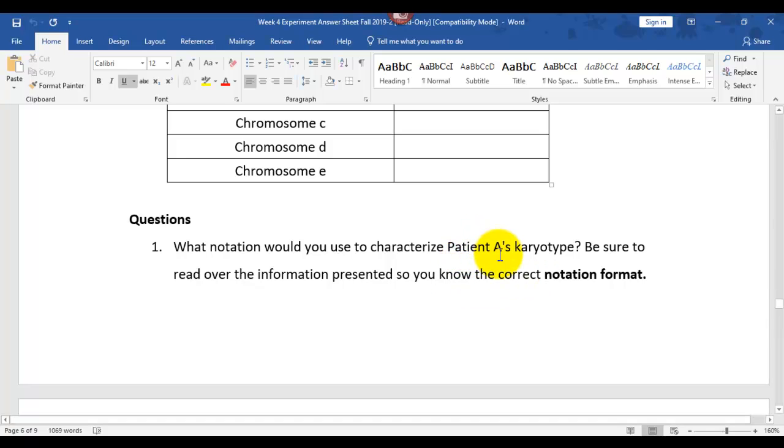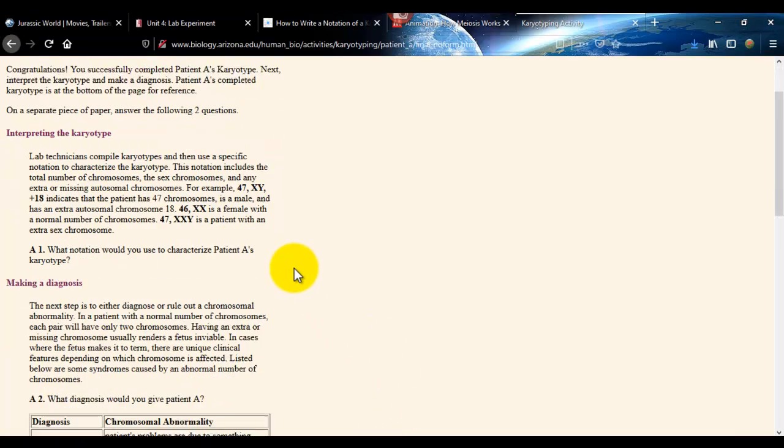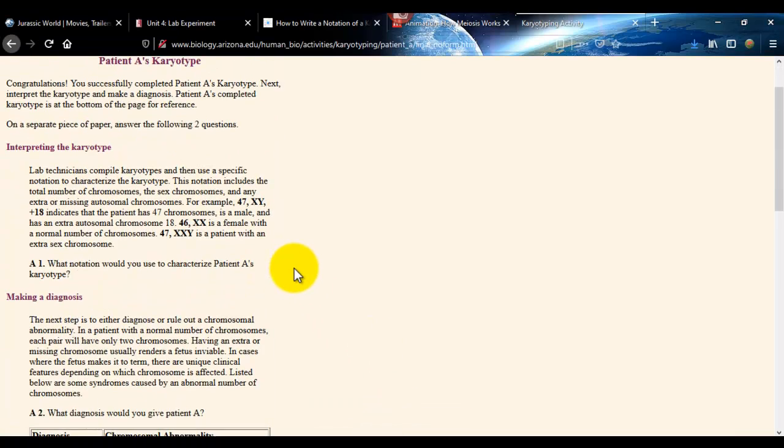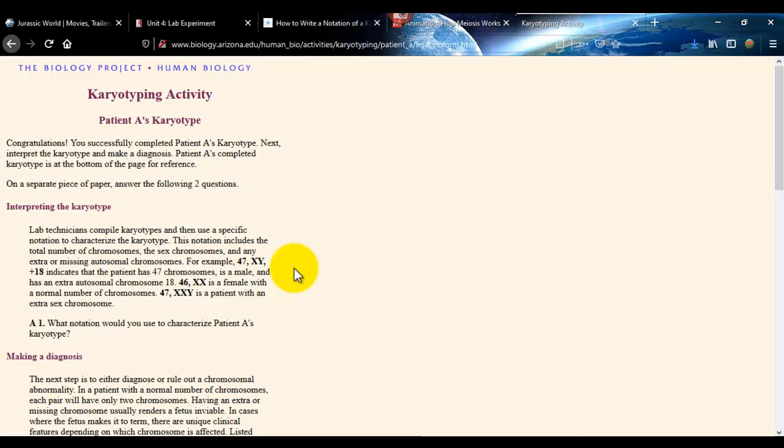This person has an extra chromosome, and they're female. It said that in the initial description, amniocentesis. So her karyotype notation would be 47XX, and then sometimes you can do plus 21 or an extra 21.